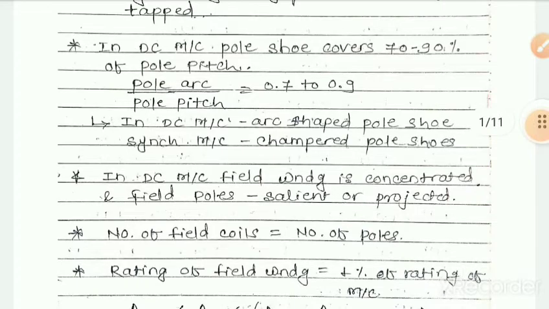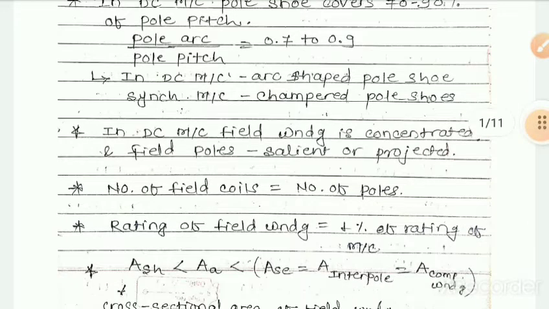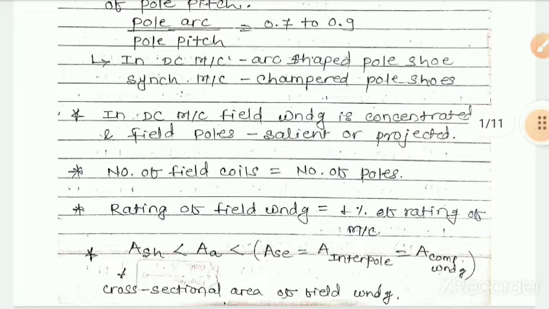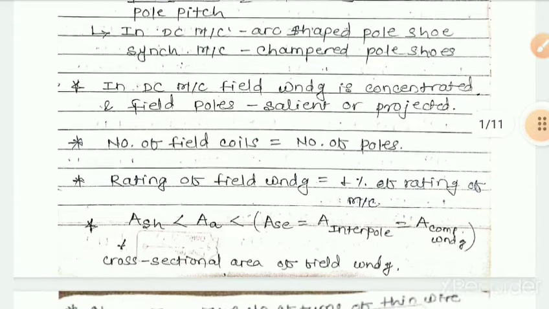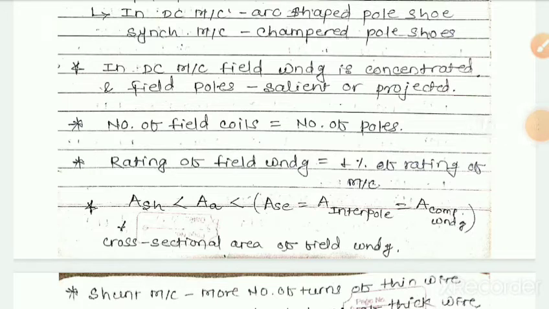In a DC machine, we use arc-shaped pole shoes to make the air gap flux distribution flat topped, and in a synchronous machine we use chamfered pole shoes for sinusoidal flux distribution. In a DC machine, the field winding is concentrated, and the field poles are salient or projected poles.